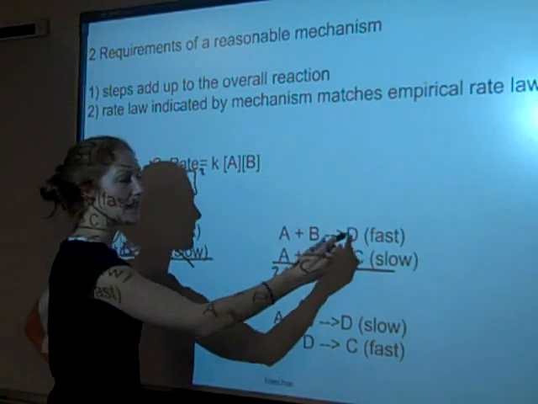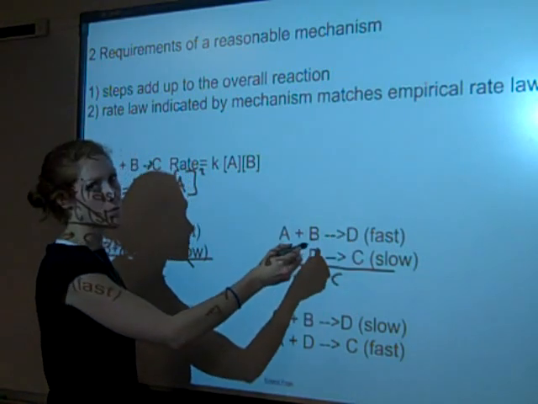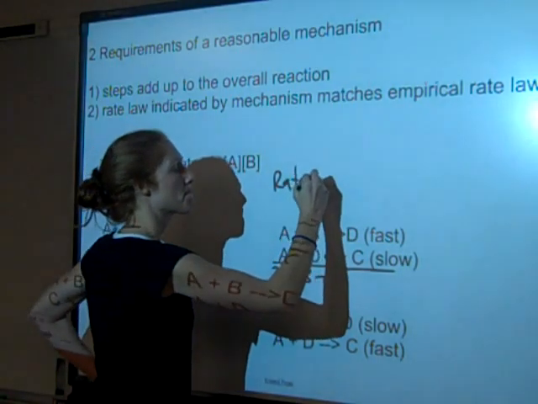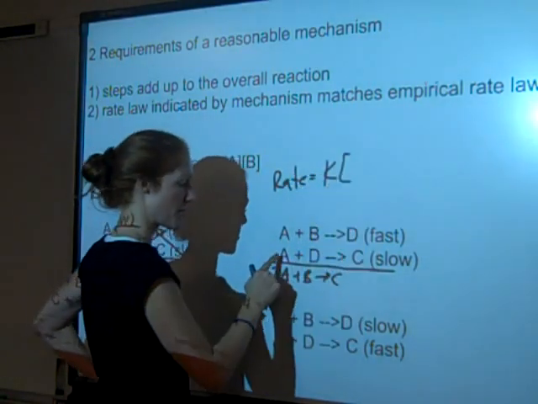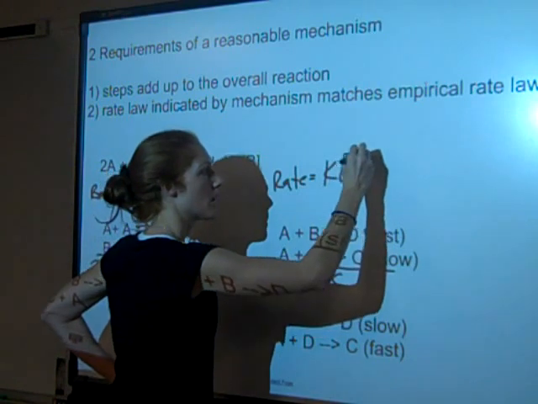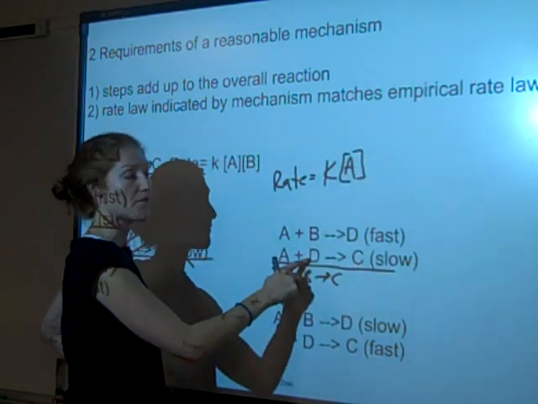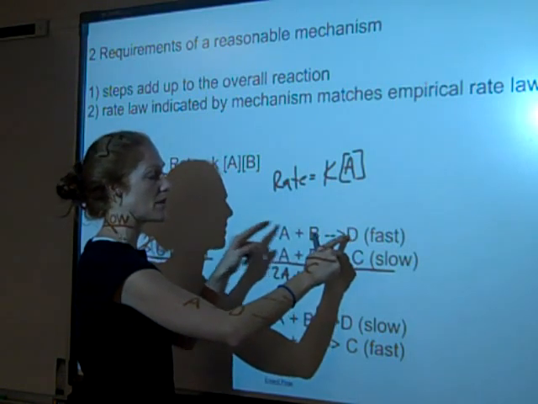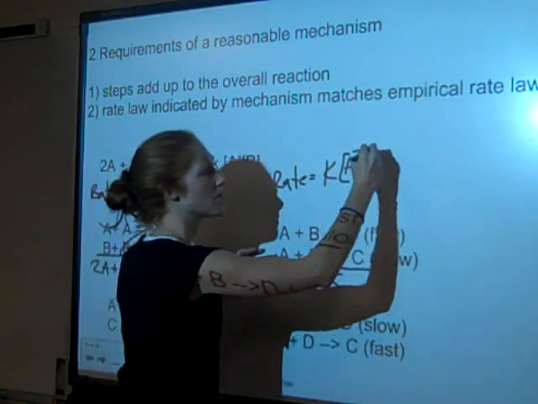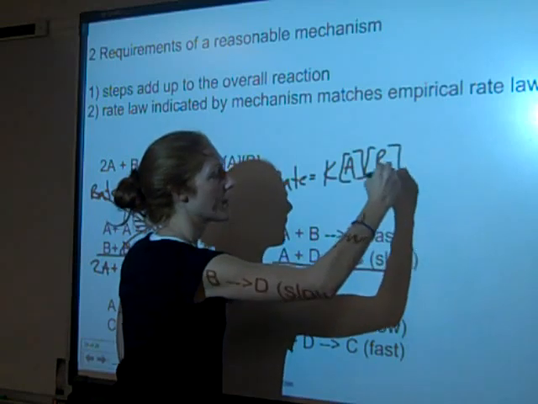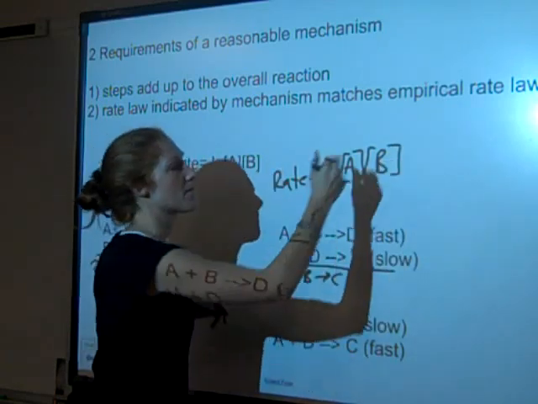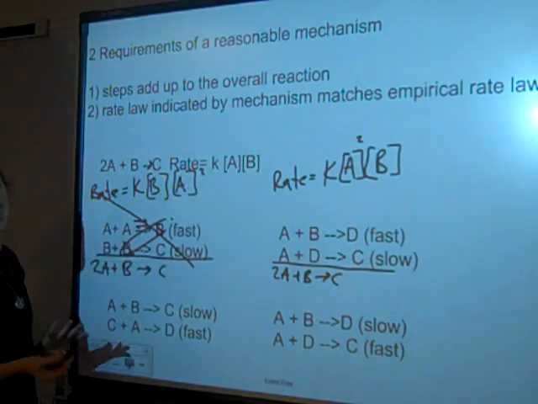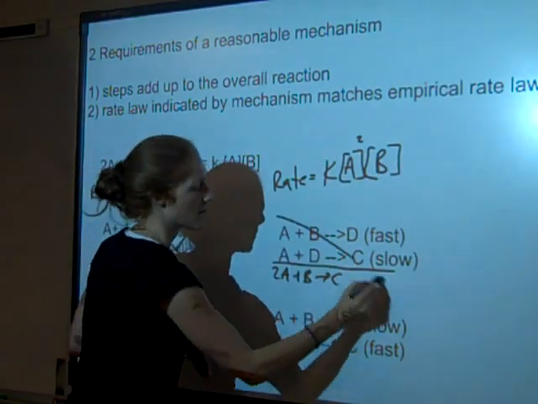I can see that D is proportional to A and B. So I have rate equals k times the concentration of A, and I would put in the concentration of D, except D is not a reactant. So instead I'm going to say D is proportional to these two being used up, B and A. And if I have A to the first times A to the first, I can say A to the second. Again, it doesn't match the rate law, so this is not an option either.